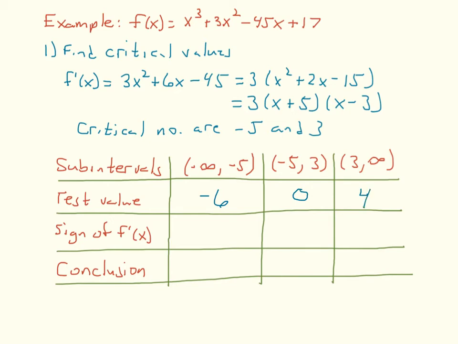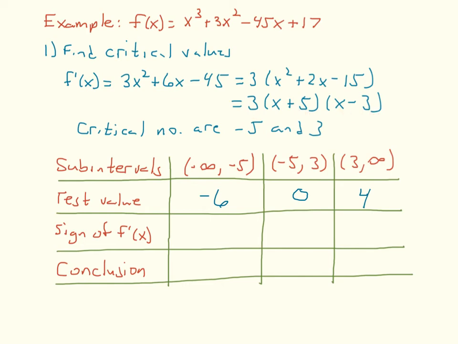Now I need to determine the sign of f prime of x. I'm going to take my test value, in this case negative 6, and put it into the x's in the factored form. When I take negative 6 and put it into x plus 5, that's going to be negative. And when I put it in for x in x minus 3, that will also be negative. So I get 3 times a negative times a negative.